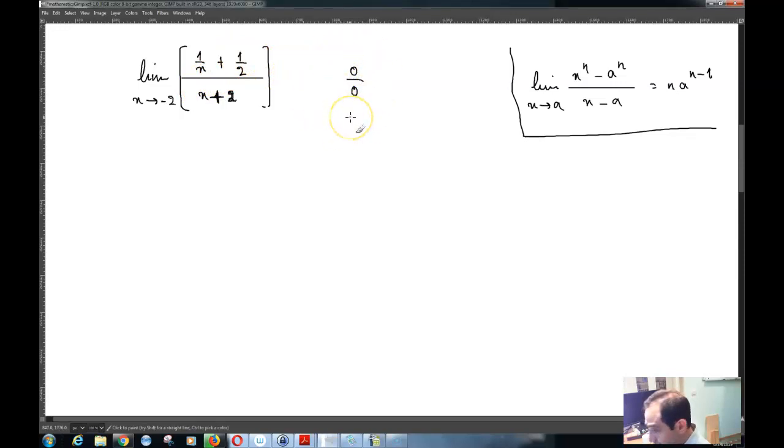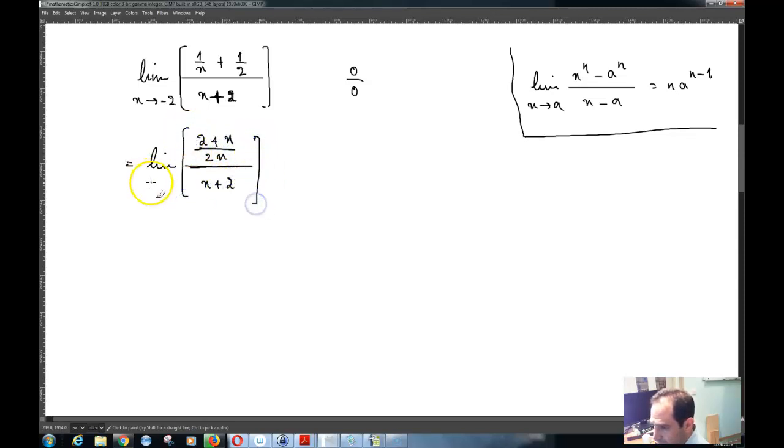Now you can write this as the limit of, taking the LCM of 2 and x, 2 plus x over 2x over x plus 2, as x tends to negative 2.